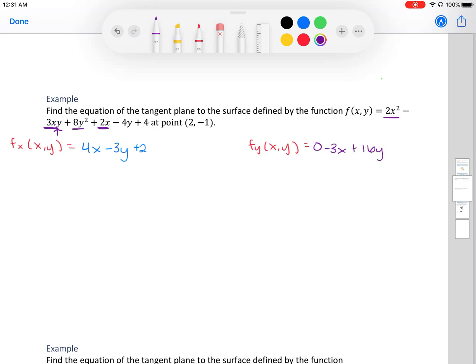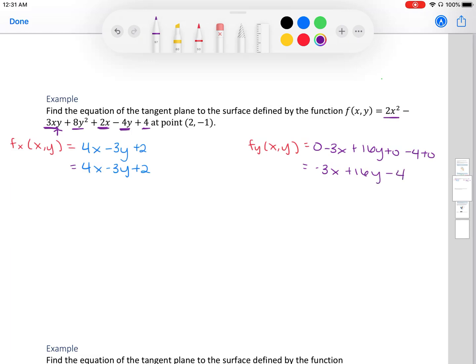Derivative of 2x is 0. The derivative of negative 4y is negative 4. Derivative of 4 is 0. Okay, so our derivatives are: for x, 4x minus 3y plus 2. And for y, we have negative 3x plus 16y minus 4.